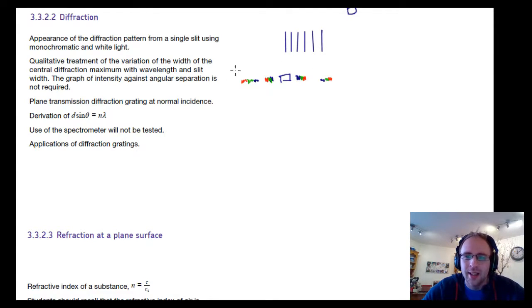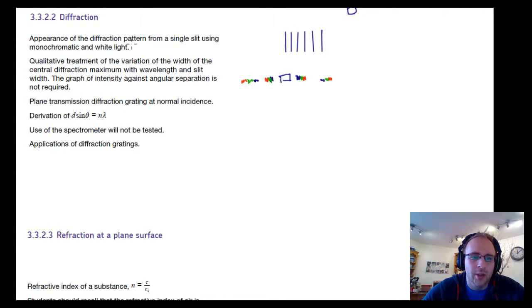So our light is incident on the diffraction grating and diffracts, so spreads out as it goes through each one of those little gaps. And from each one of those little gaps, the waves coming from the other side spread out and interfere with all of the other ones.